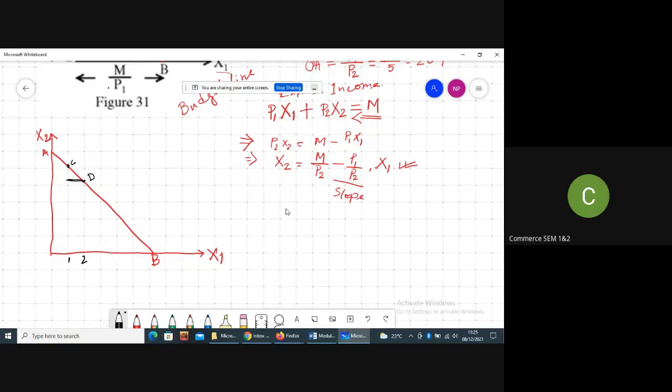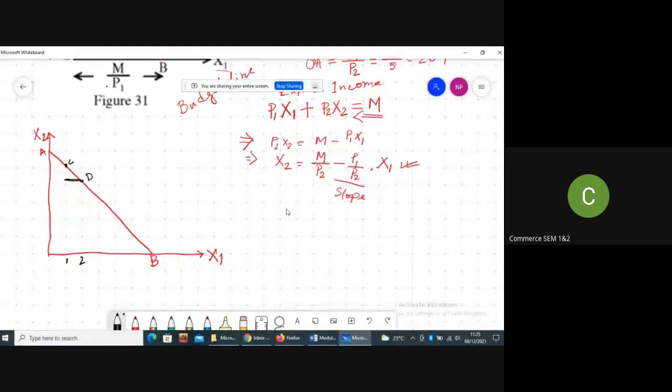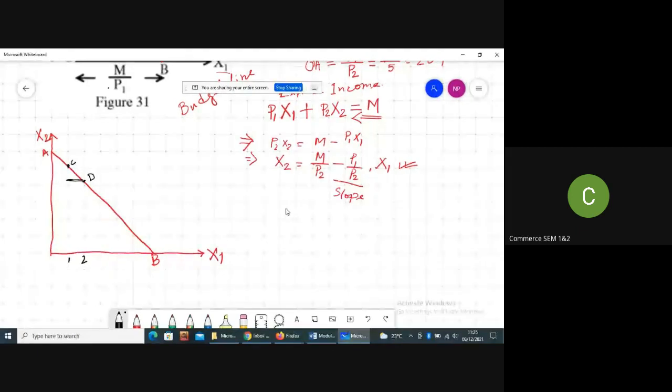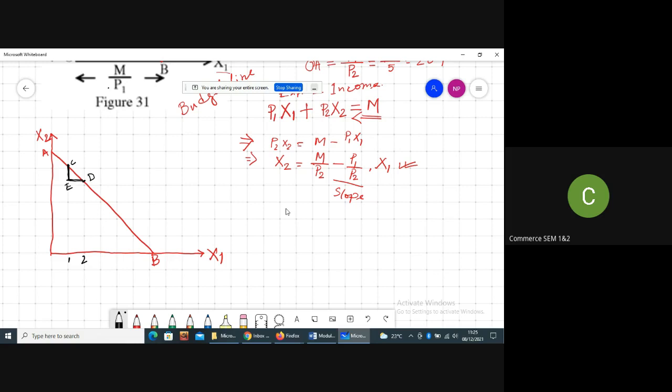So if you want to move from point C to point D, you are getting one additional unit of x1, but for that you need to sacrifice this much amount of x2. Call it point E. So ED is equal to 1 unit of x1.